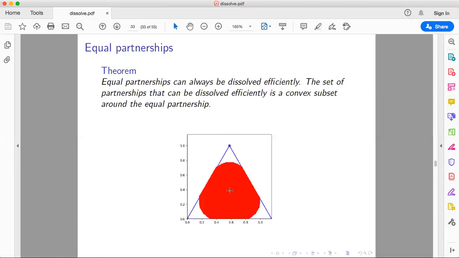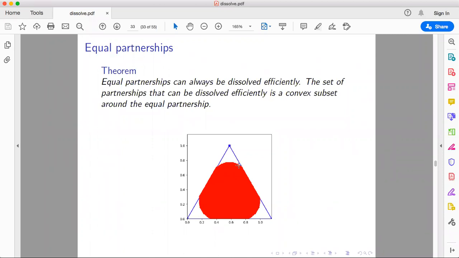The centroid of this simplex is the 1/3, 1/3, 1/3 point. If you are on one of these edges, then one of the agents has 0 share, and the other 2 agents are sharing the object. So that's that partnership.